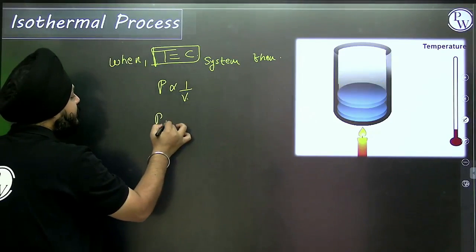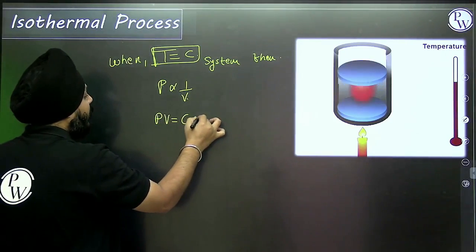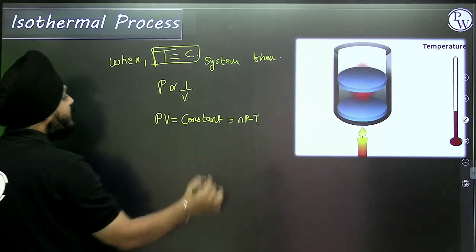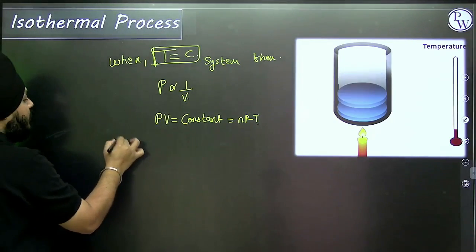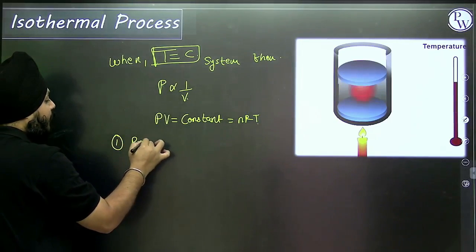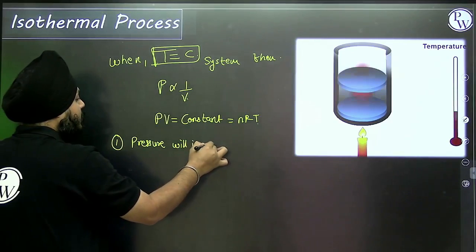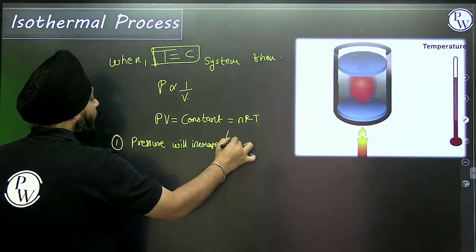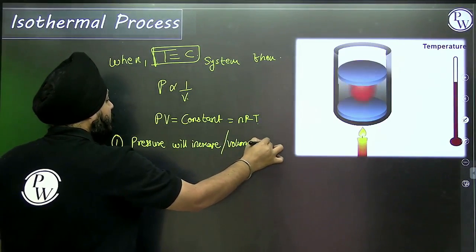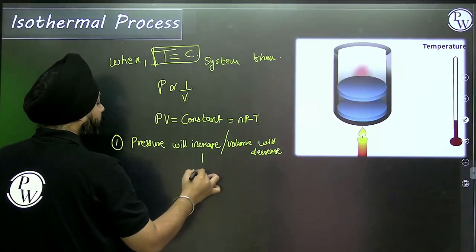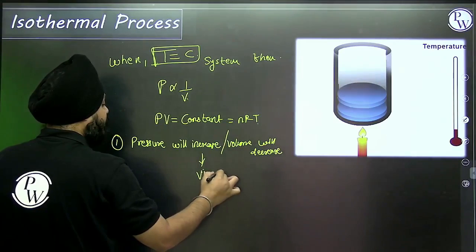In another sense, PV is equal to constant. Why is it constant? Because the nRT value is constant. If pressure increases, volume will decrease, and this will go on vice versa.